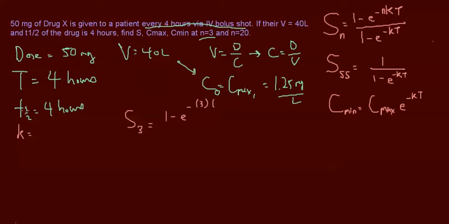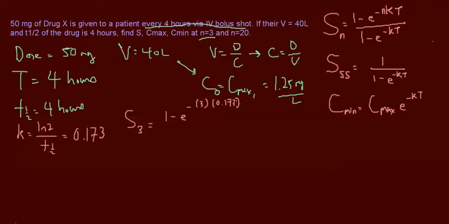So K, we know half-life, so we can convert that to K. K is equal to ln 2 over half-life. So basically, K is equal to about 0.173.